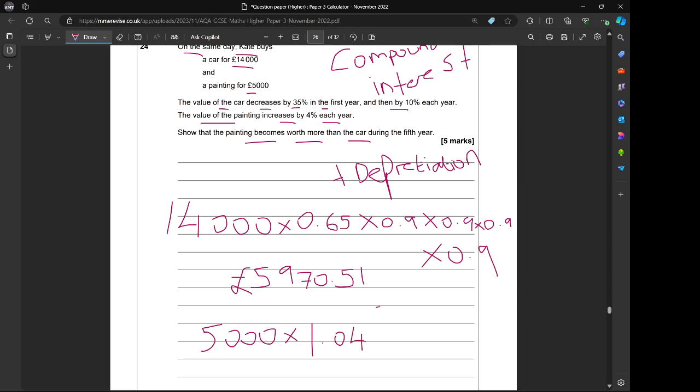I'm going to raise that to the power of 5, because it's 5 years. 5,000 times 1.04 to the power of 5, we get £6,083 and 26 pence. Therefore, we can see that is bigger than that, so the painting becomes worth more after the fifth year.